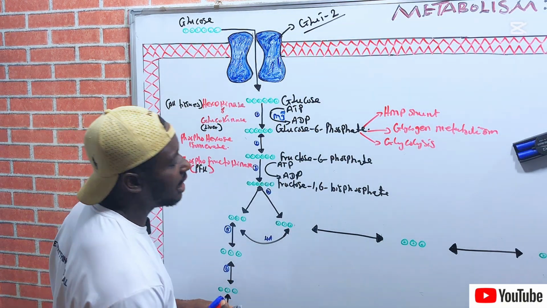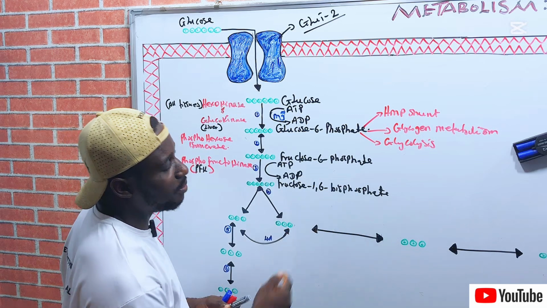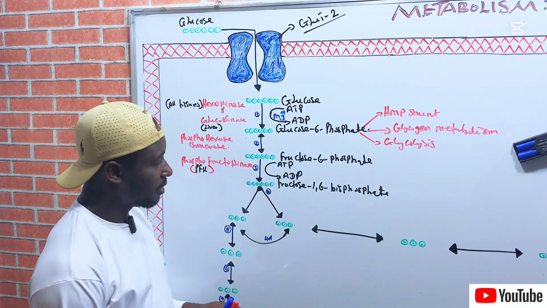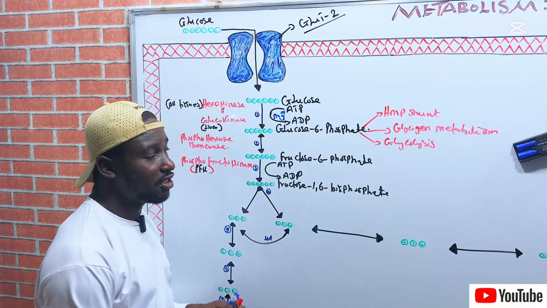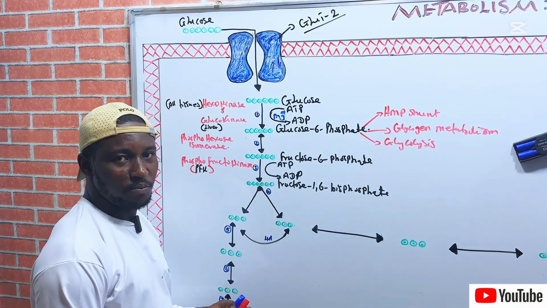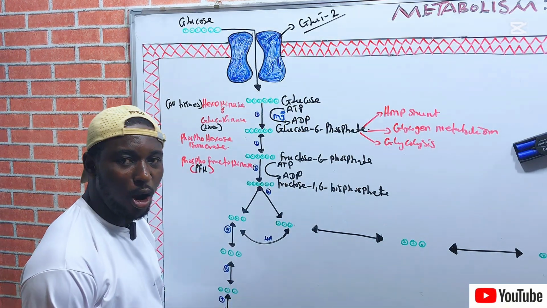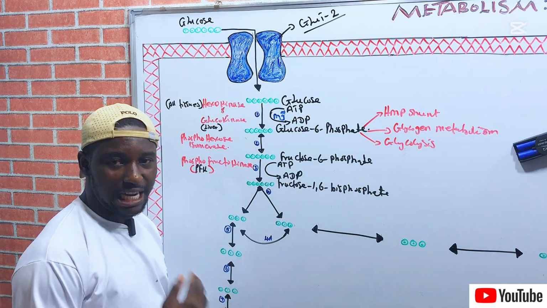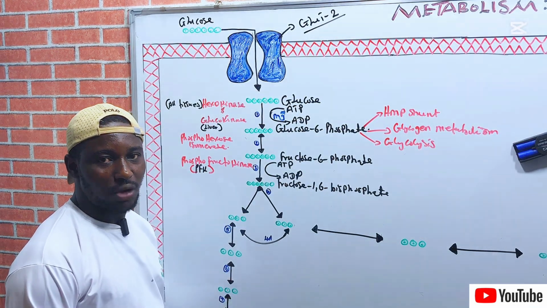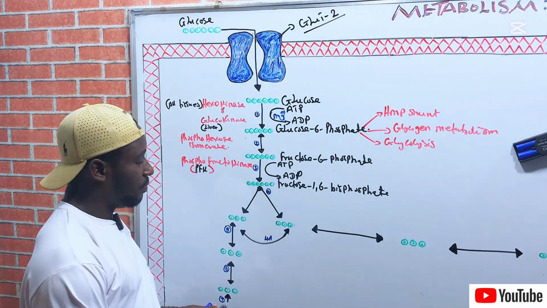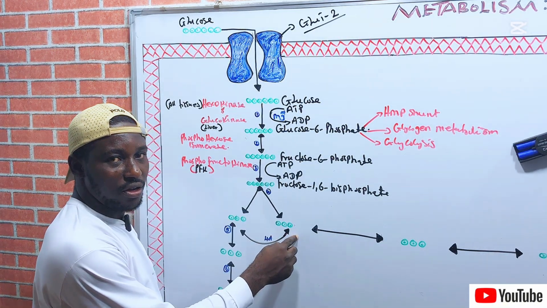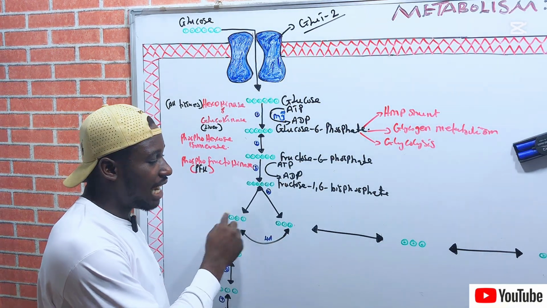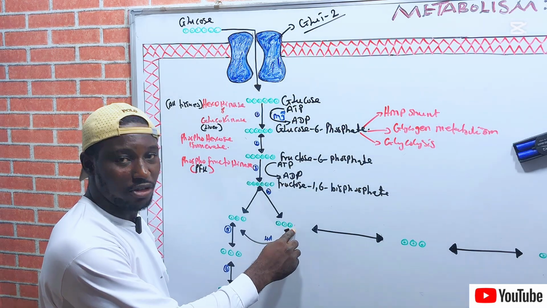Now, we have generated our fructose 1,6-bisphosphate. What will happen next? Fructose 1,6-bisphosphate will be cleaved by a lyase enzyme to form 3 carbon molecules, which are G3P and DHAP, glyceraldehyde 3-phosphate and dihydroxyacetone phosphate.